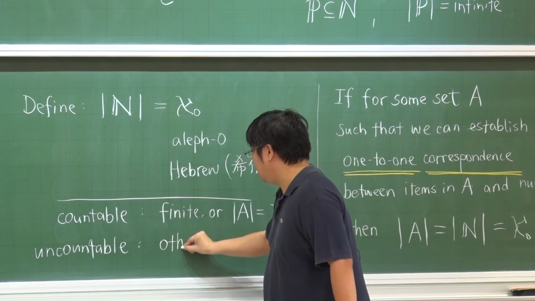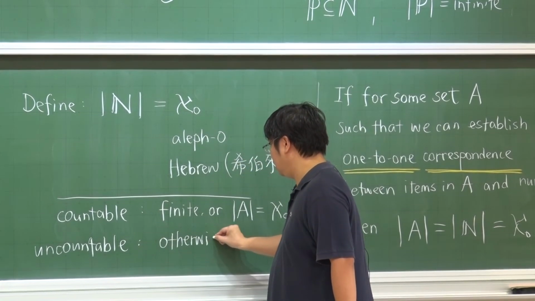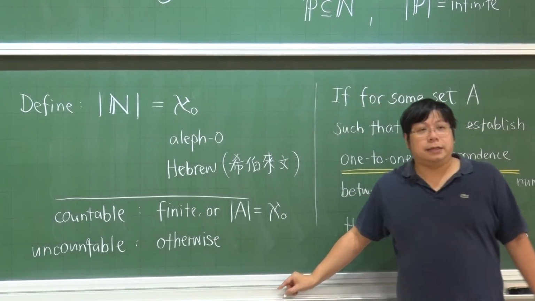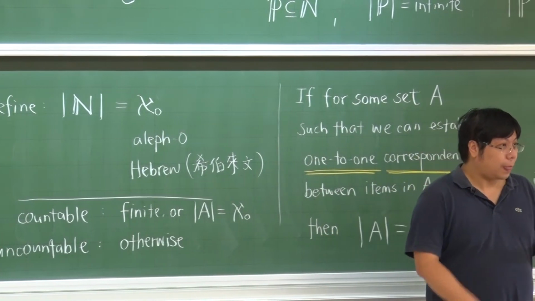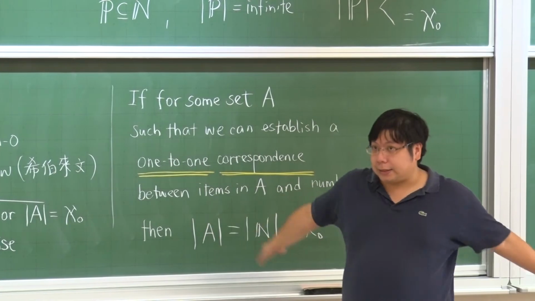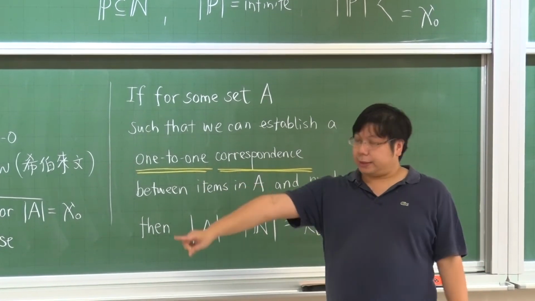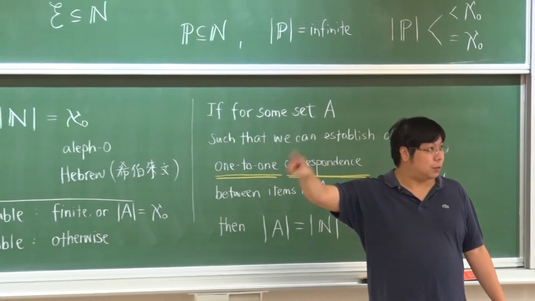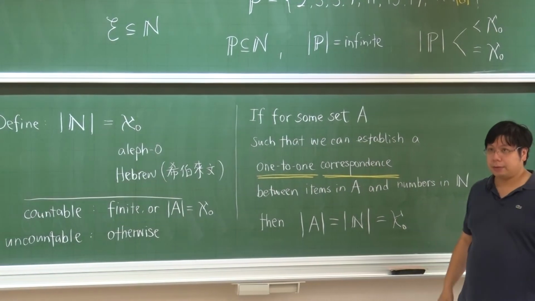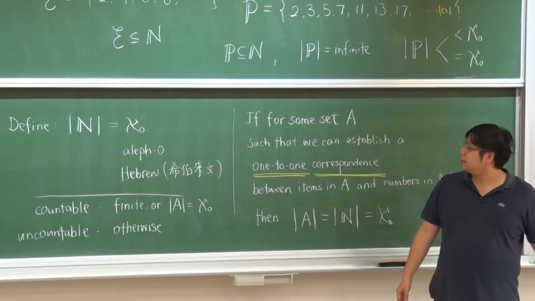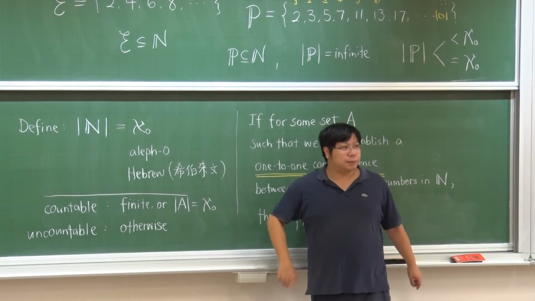Otherwise, the set is called uncountable. For all the infinite sets that are countable, there is always a listing rule. If you can list the items one by one, 1, 2, 3, 4, 5, then this is a countable set. Otherwise, it is an uncountable set.